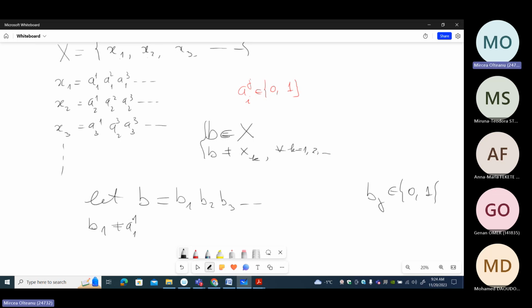If A11 is 1, we take B1 to be 0. So this choice is possible. That's why we need two symbols. How to choose B2? We choose it to be different from A22. Now, same argument, it can be done.